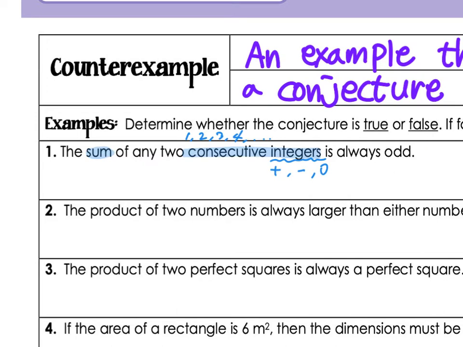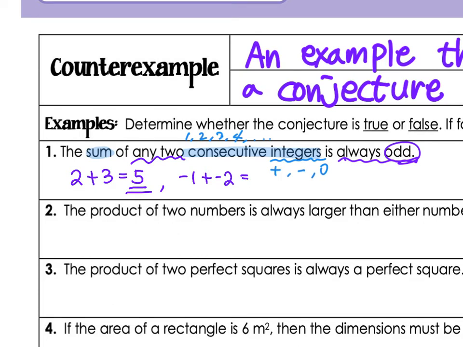So let's make some examples. Any two consecutive integers. So let's say, what about 2 plus 3? That is 5. It says always odd. Is 5 an odd number? Yes. What about then using the negative numbers? What about negative 1 plus negative 2?